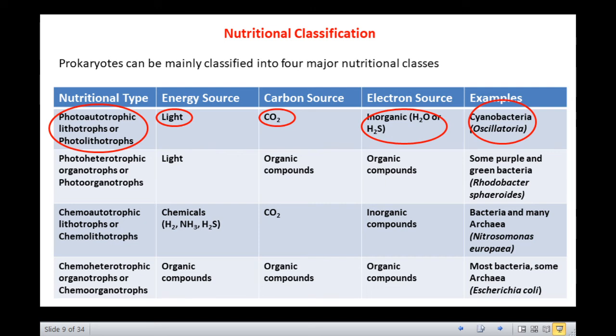An example of a photoheterotrophic organotroph is the purple bacterium Rhodobacter sphaeroides. This microbe is also capable of growing photoautotrophically. It is aquatic, often occurring in freshwater lakes in the zones several meters below the surface where light is still present but oxygen is absent.